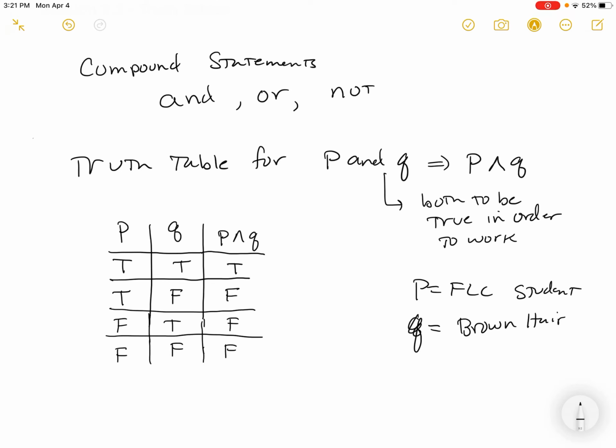So thinking about this for my FLC brown-haired student, I would like to get somebody that is an FLC student and has brown hair. So if I go from the bottom, what this false right here means is that they're not an FLC student. And this false right here means they don't have brown hair.